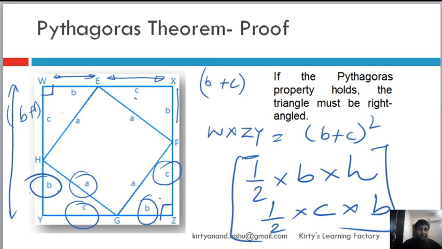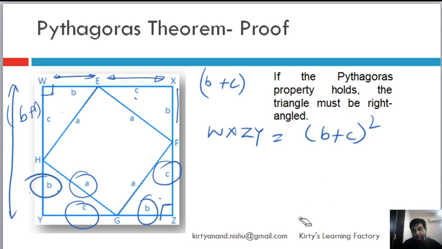So that is all. Pythagoras theorem is a good method to ascertain whether a triangle is right angled or not. Some of the classic Pythagorean triplets, as they call them, where all three are whole numbers, are like 3, 4, 5. 3 square is 9, 4 square is 16.